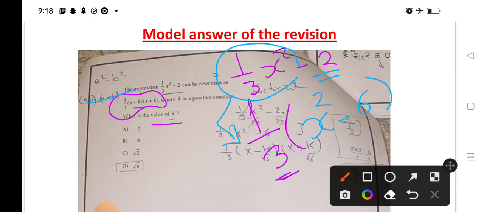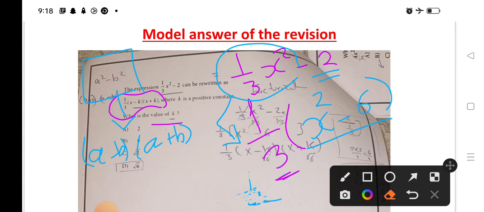Remember well, we have a rule. If I have a squared minus b squared, I can factorize this as (a minus b)(a plus b). Okay, great. So what shall I do here? I will rewrite, as he said, the 3 here.